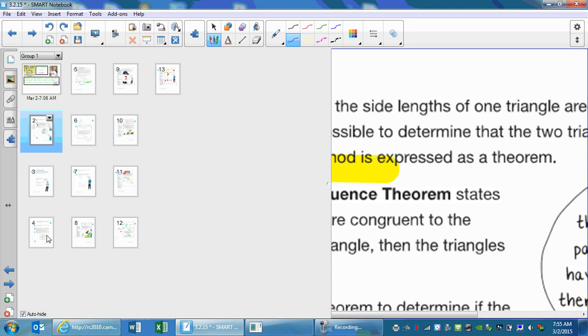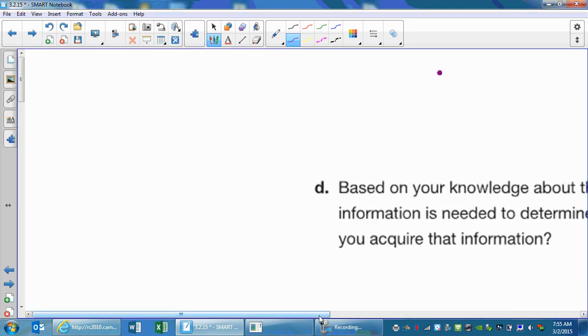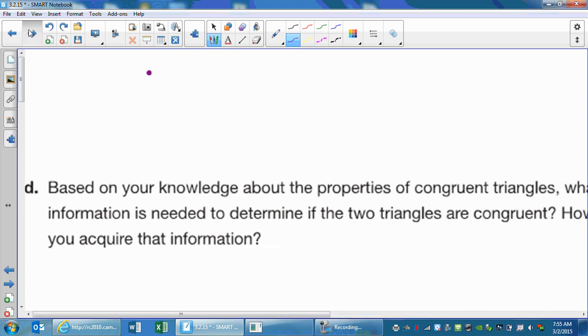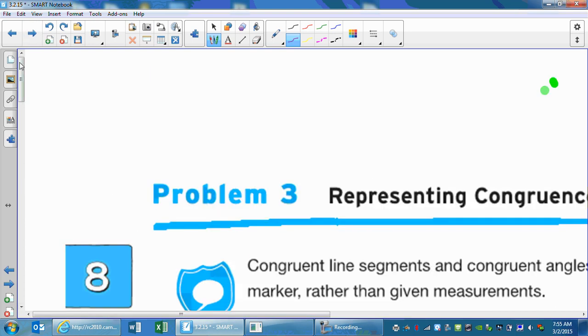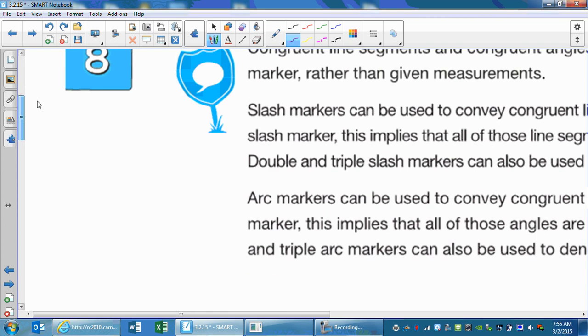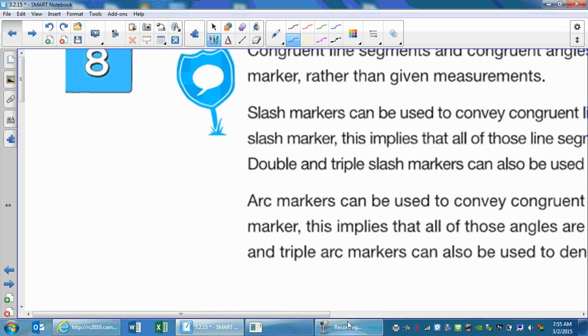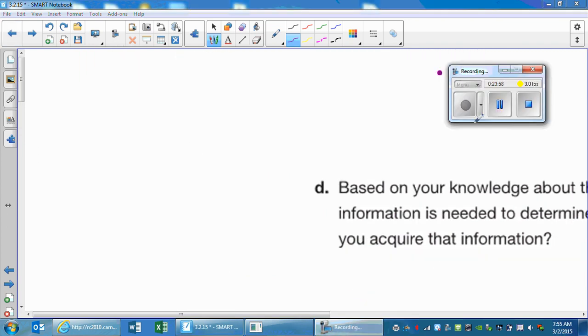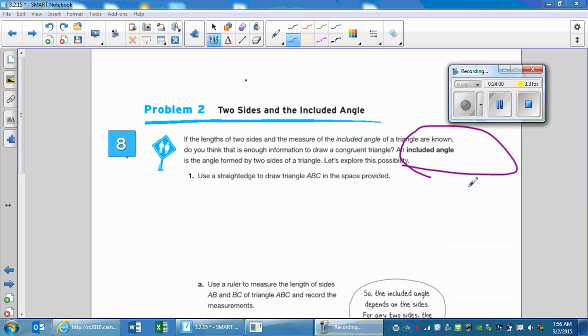So remember we talked about that. So right there, and then side, angle, side. So on page 659 of this packet, you'll write in your own words the vocab.